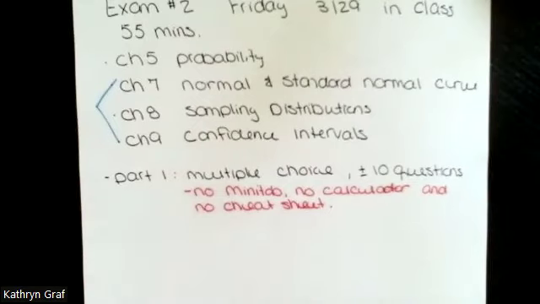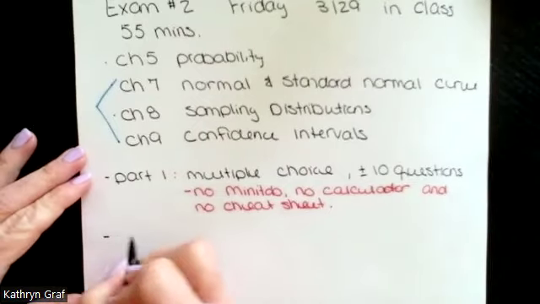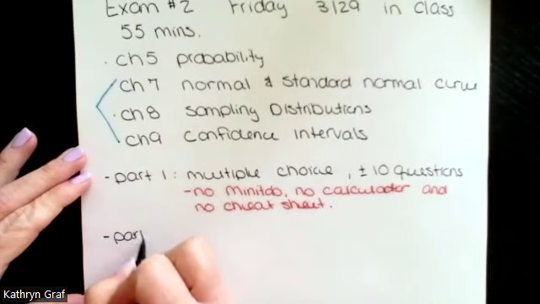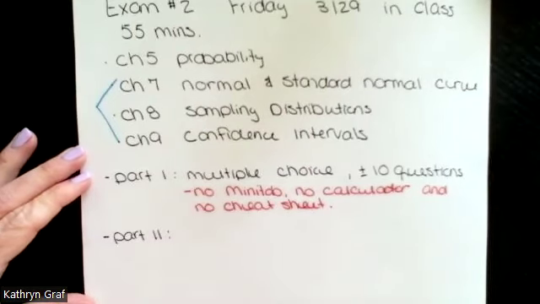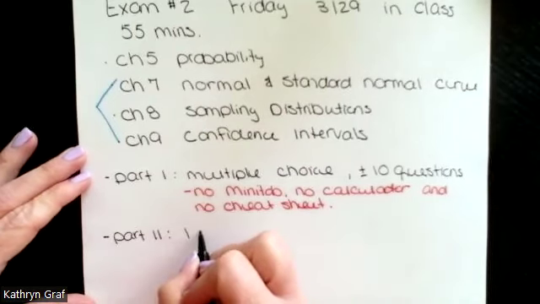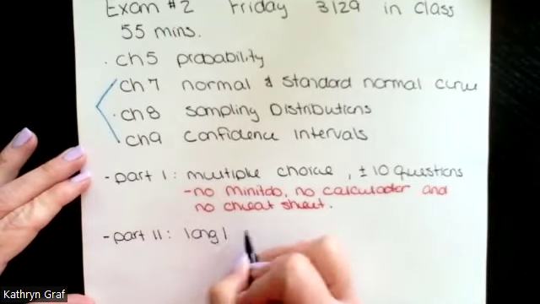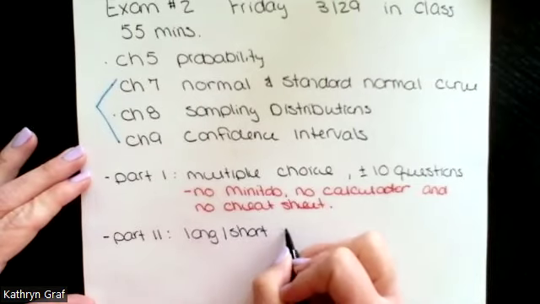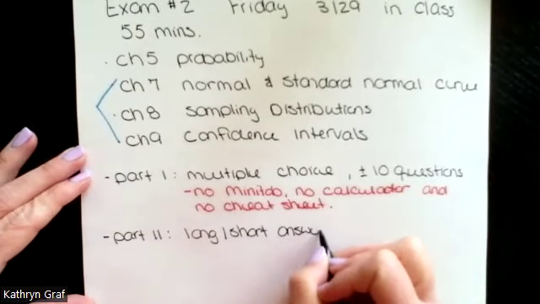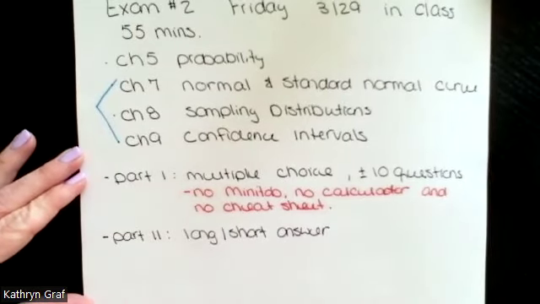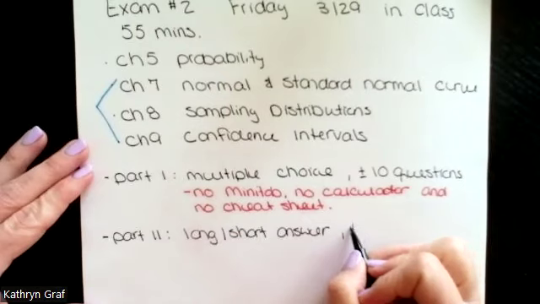Then when we move on to part 2, which is when we're done with part 1, this is the long answer. I'll say long / short answer because they're not all long. Section. And here, I'm just going to say around 4 questions.